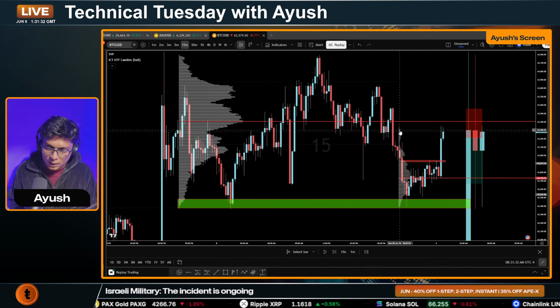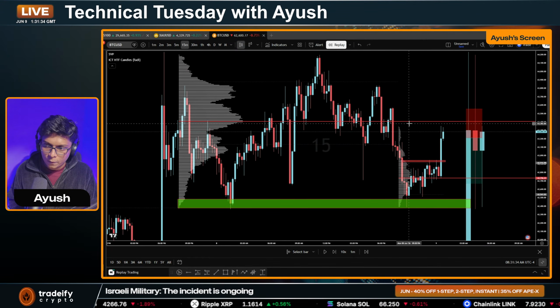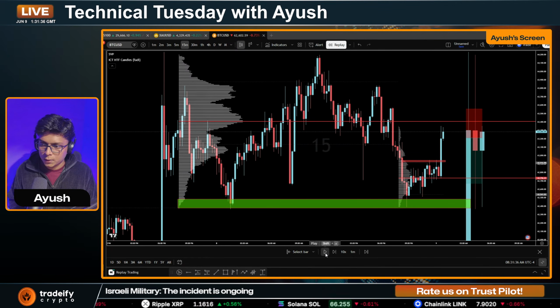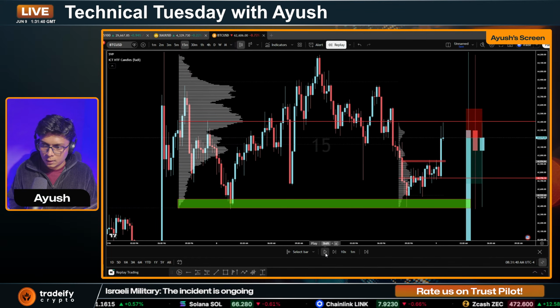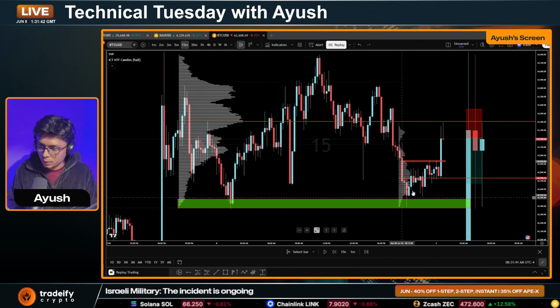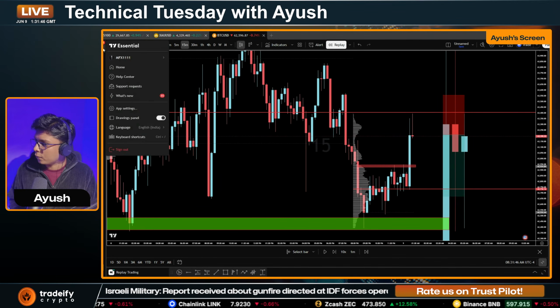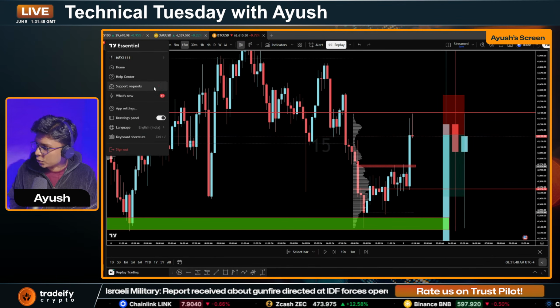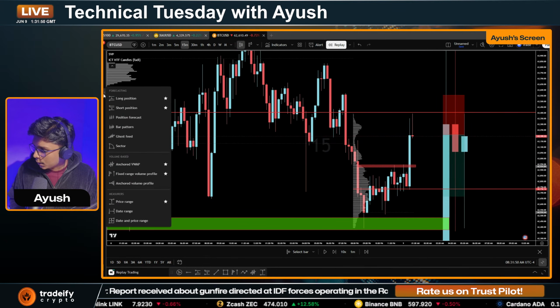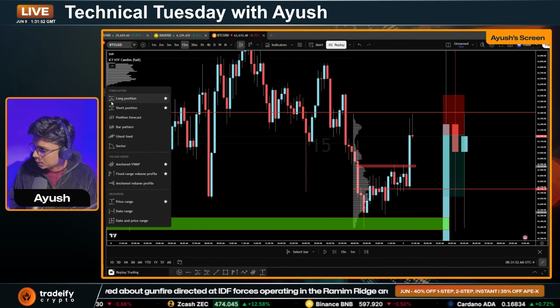You can see there is really less volume when price went near this point of control, which is going to act as resistance for us. And look at this volume. Now I have to mark it to mimic what I drew on the chart.